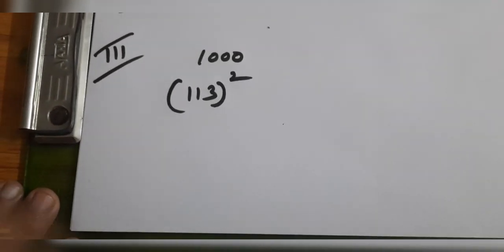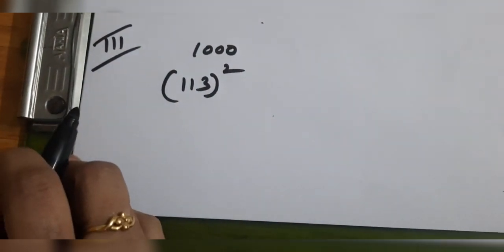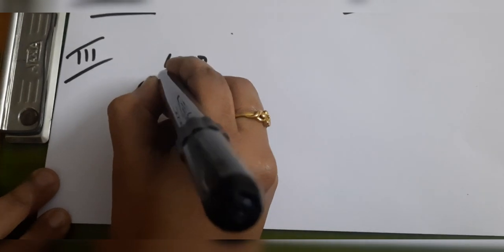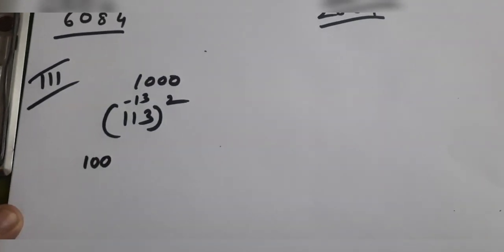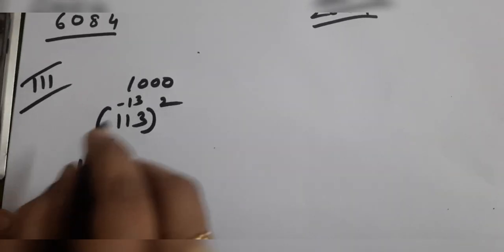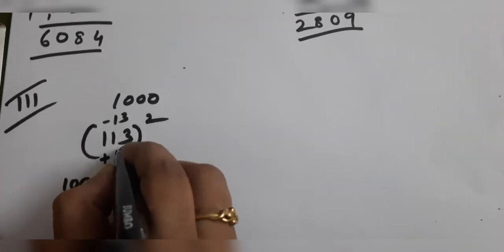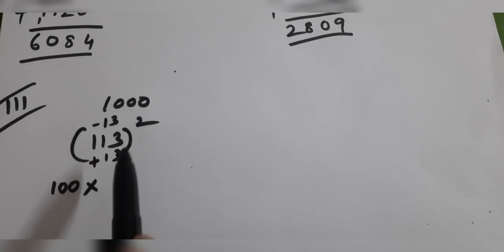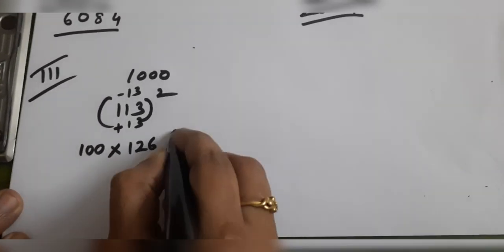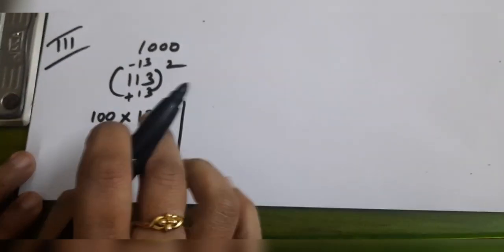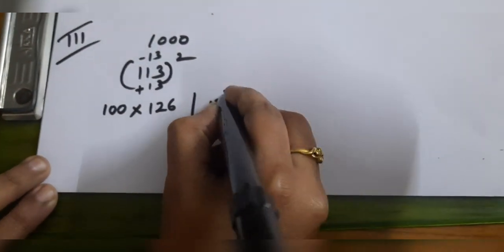The nearest number we can go for is 100. To get 100, I have to subtract 13. So now the same number you have to add. So 113 plus 13 makes 126.